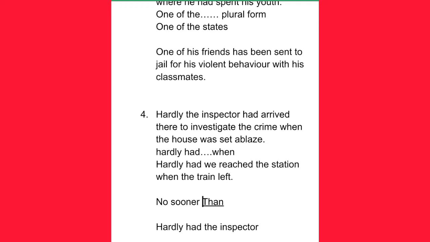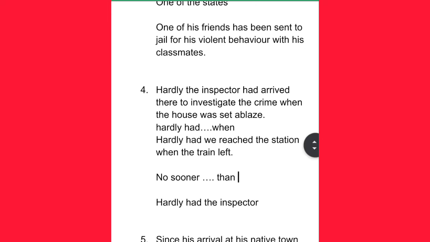So all this important information we must be abreast with, so that we can find out all these kinds of errors if they are there in the sentence. Alright, so I think this must be clear by now why we are using hardly had, not hardly the inspector had.